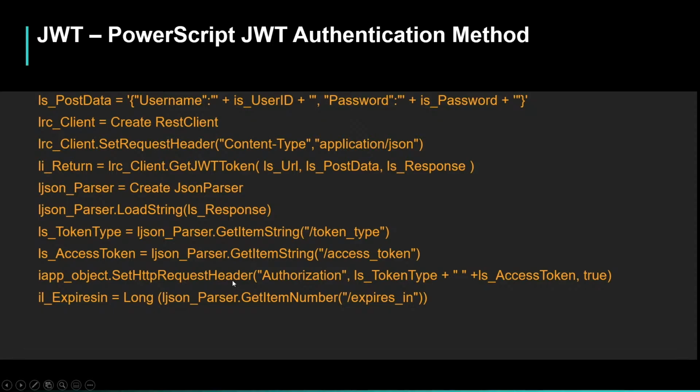That means that anytime a REST client is used after that, the application object will automatically add this authentication header to any request being used by that REST client. We don't have to do it each time we set up the REST client. The application object itself handles that. And then I look for the expiration date of the token, or time, I should say, and store that off so that we can do our token refresh before it expires.